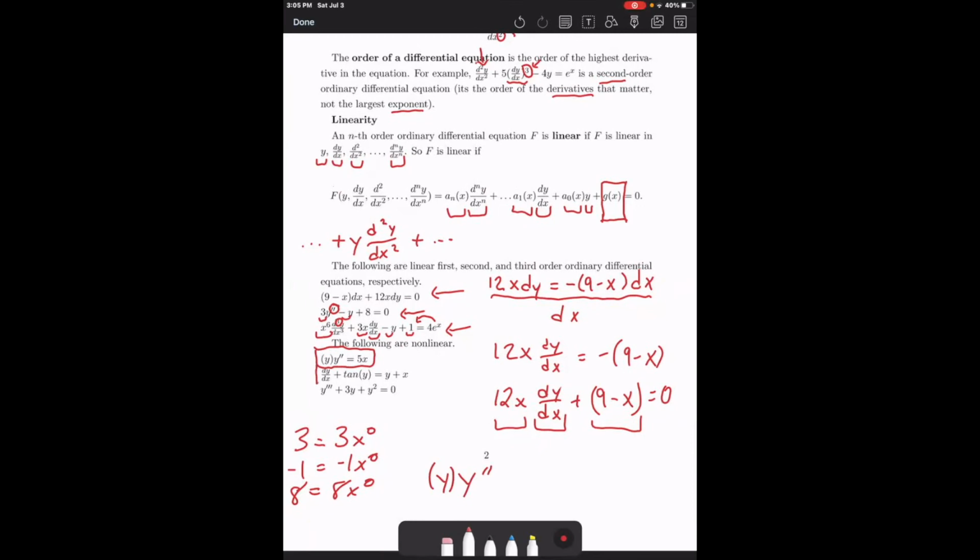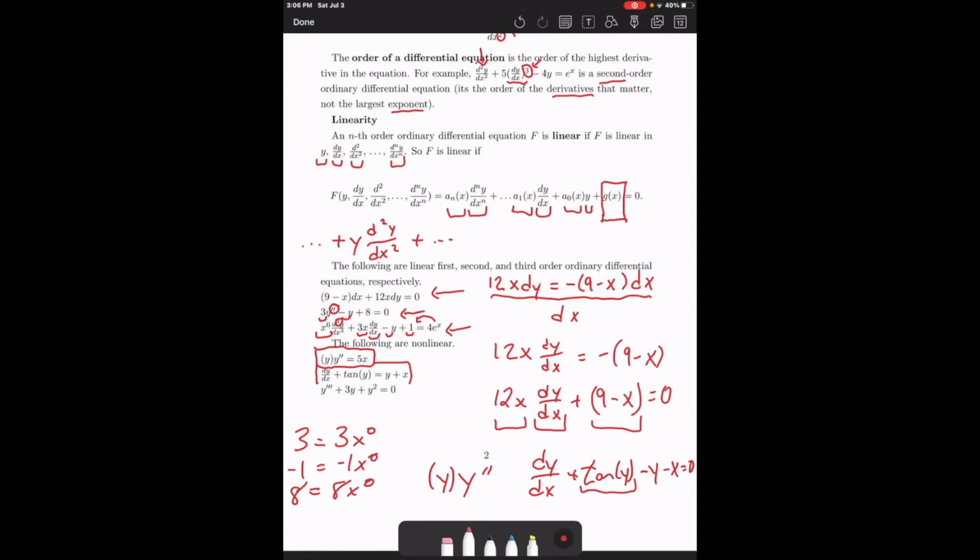Again, pause the video if you like to take a moment to think about this second one. Why is this not linear? Well, we can move everything over to the left, leaving 0 on the right to try to make it look linear. The problem is this tan y, because y is simply meant to be multiplied.